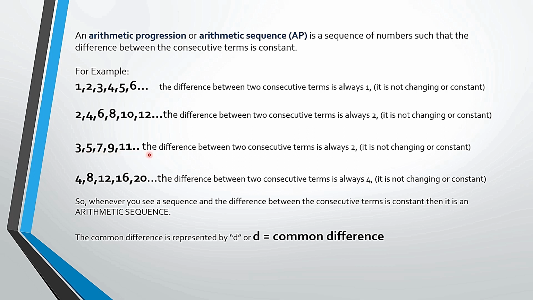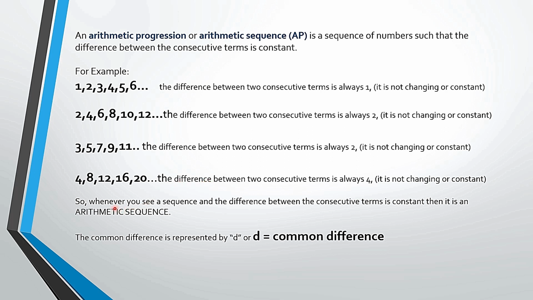And last, we have 4, 8, 12, 16, and 20, and so on. The difference between two consecutive terms is always 4. 8 minus 4 is 4, 12 minus 8 is 4, and so forth and so on. And it's not changing or constant all throughout.